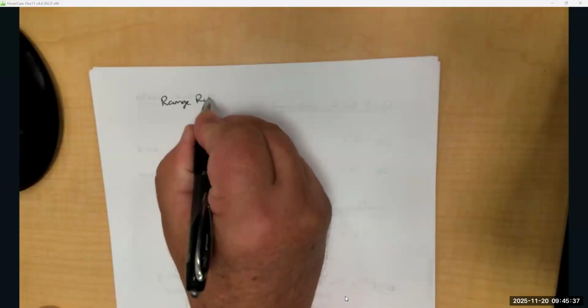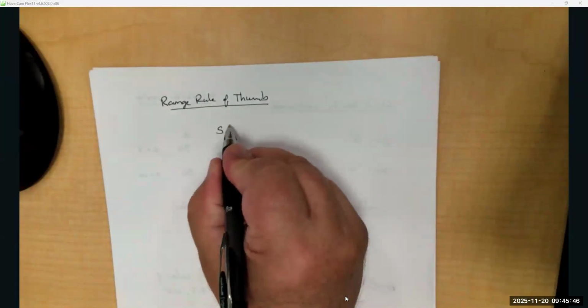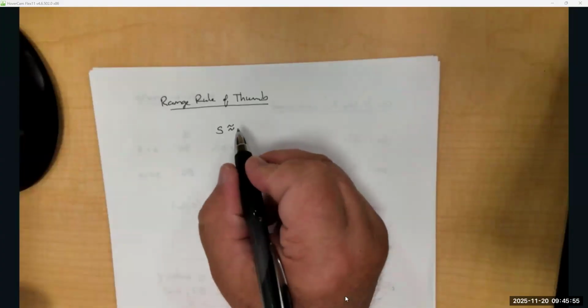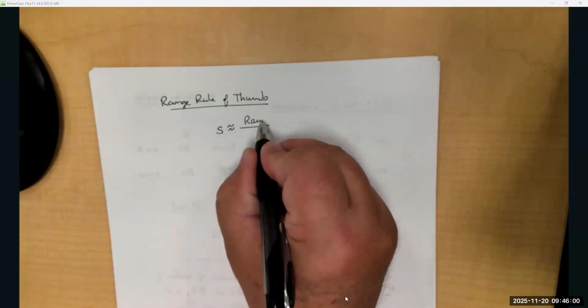So we have a formula called the range rule of thumb, where the standard deviation, anybody know what this squiggly line means? Approximately. So this deviation is approximately the range of your data divided by 4.